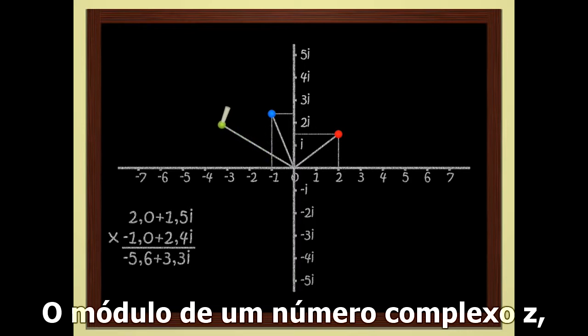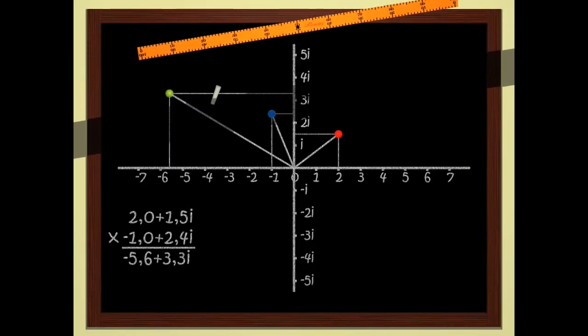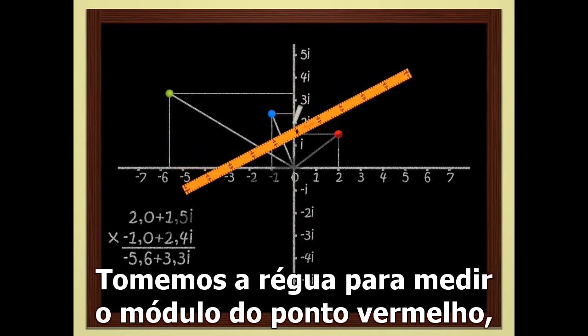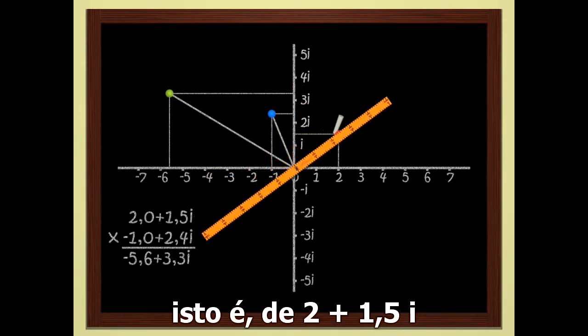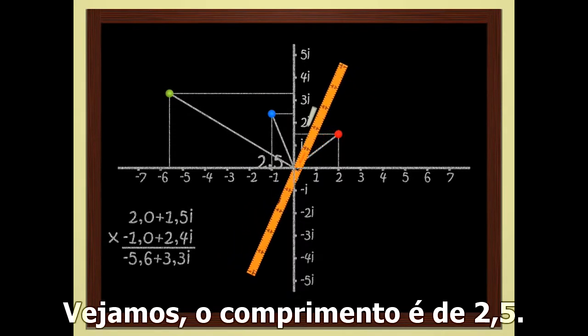The modulus of a complex number z is just the distance from the origin to the point that represents z in the plane. Let's use the ruler to determine the modulus of the red point, which is 2 plus 1.5i. Let's see. It measures 2.5.